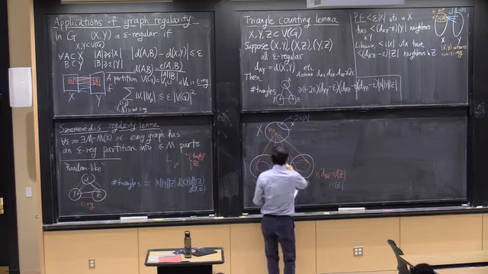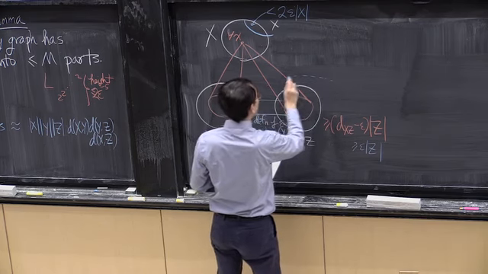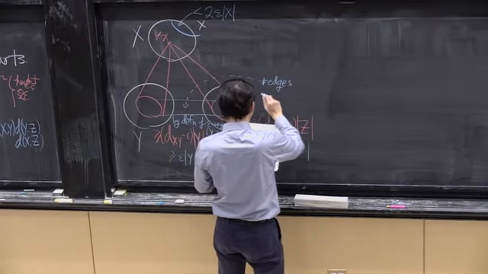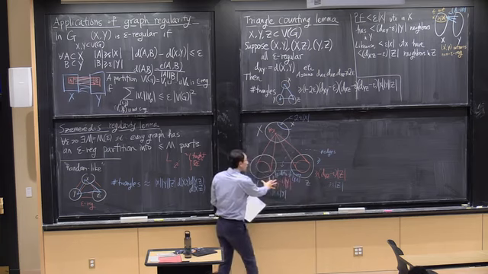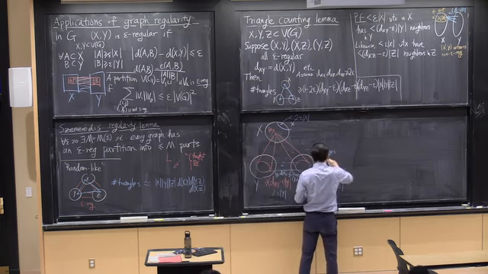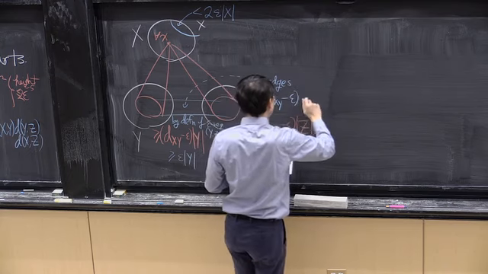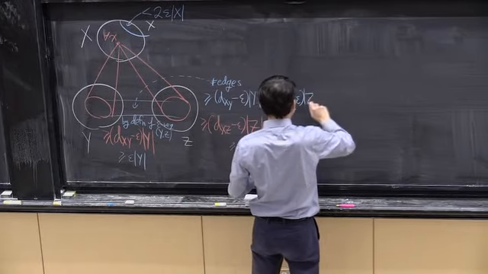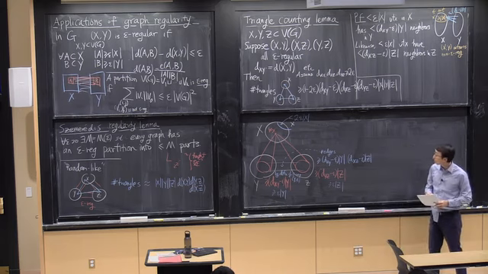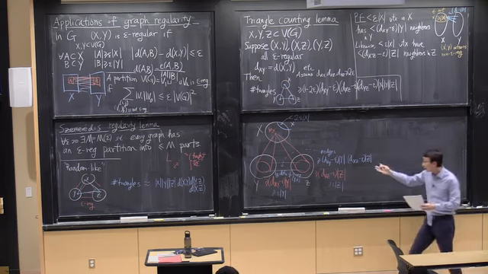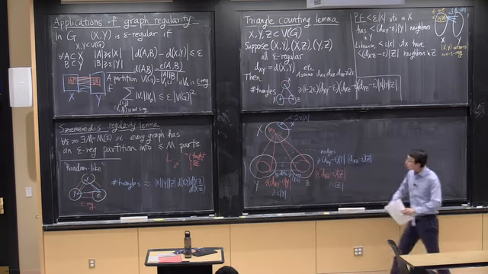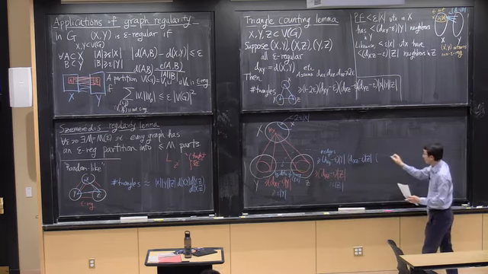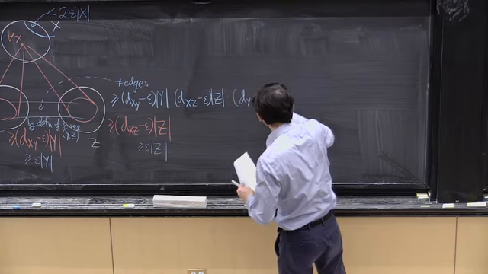Right. So over here, the number of edges is at least the product of the sizes multiplied by the edge density between them, and by the definition of epsilon regularity, the edge density between these two red sets is at least d of yz minus epsilon.